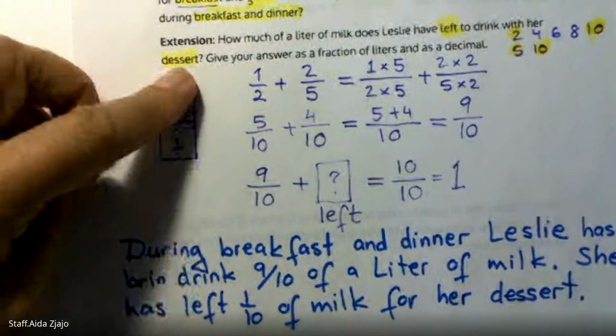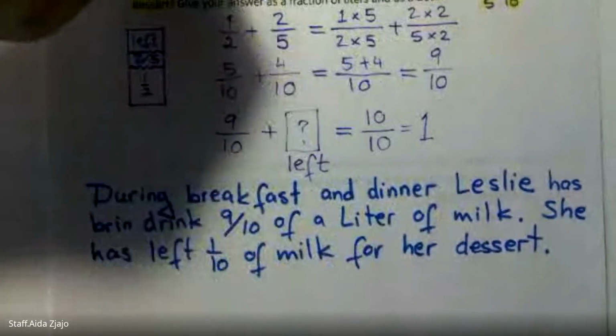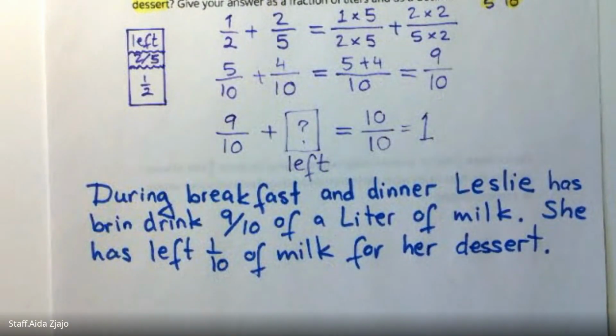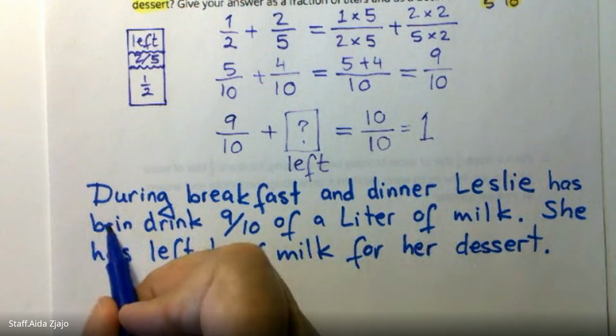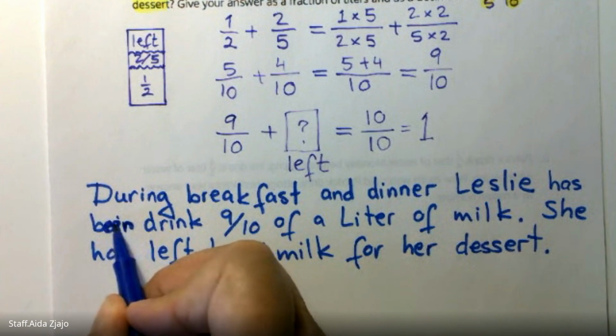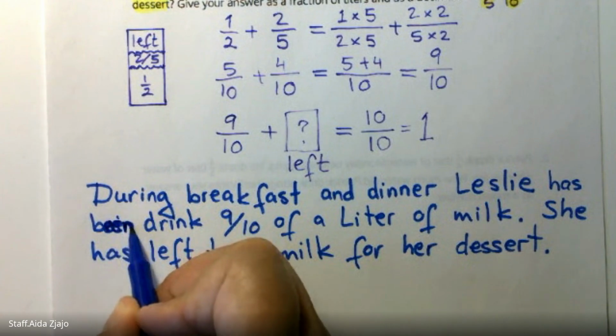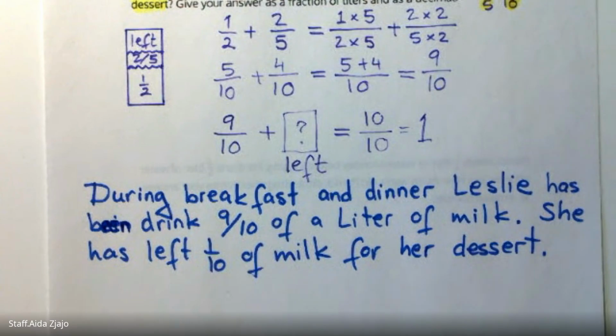Okay guys, forgive me if I misspell, grammar is hard for me. "Has been" should be changed. I would say, she has been drinking 9/10 during breakfast and dinner, or she drank.